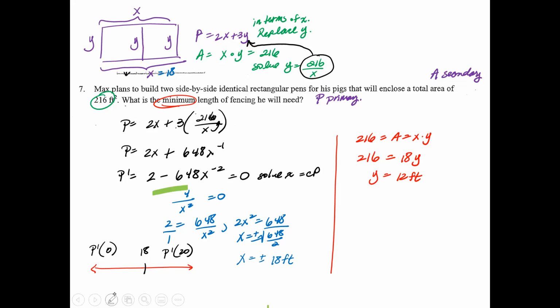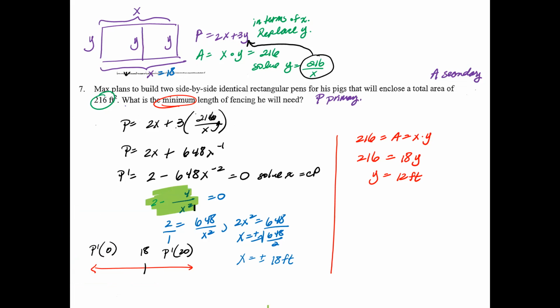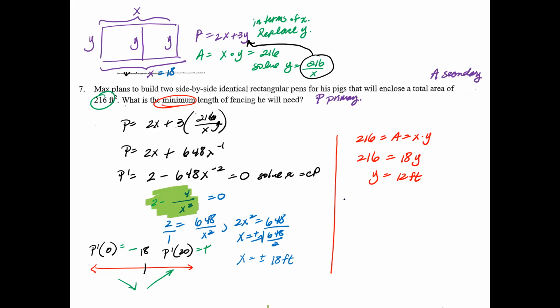No, don't erase that. This equation right here. So then when you plug it in, it's going to give you a negative and a positive. So you can verify that it is indeed a minimum at this point. So then here, that is going to be your dimension. Your length is 18 and your width here is going to be 12.